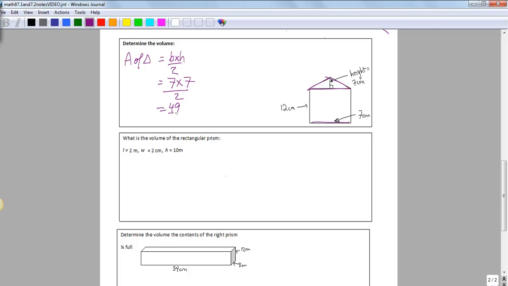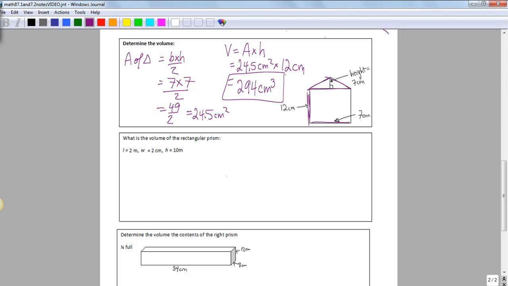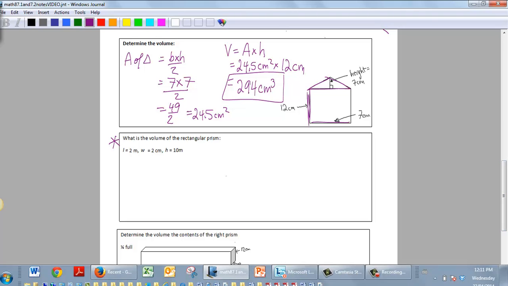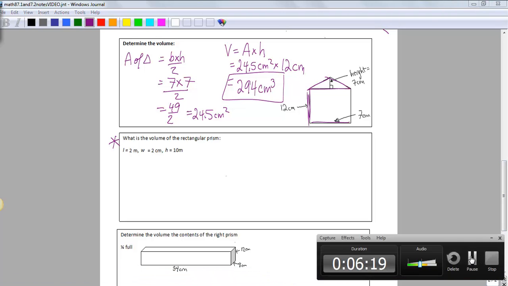So that's 49 divided by 2, which ends up being 24.5 centimeters squared. Now, volume is area times height. So I'm going to take that 24.5 centimeters squared and multiply it by the height of 12 centimeters, and the volume is 294 centimeters cubed. Pretty cool, eh? Why don't you try this one here? You can pause and check your answer on the next day's lesson.